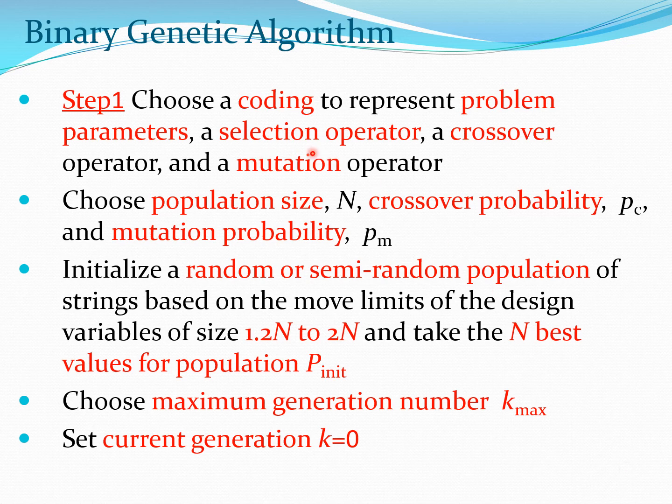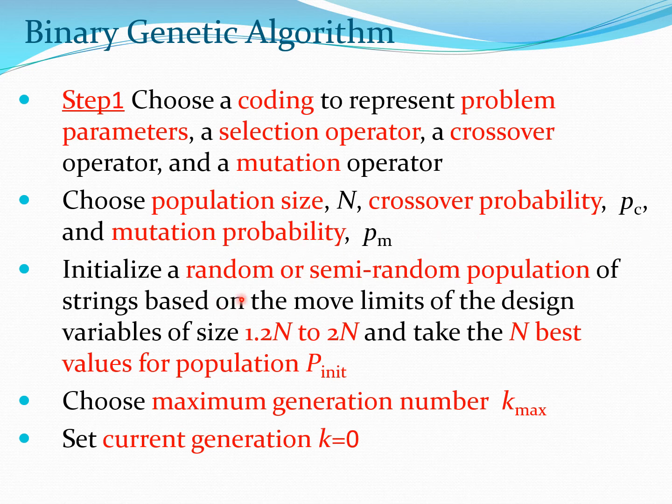Then you pick a way to select the mating pool. Here we studied tournament selection and roulette wheel selection. You choose one of these methods. You choose a way to cross the genetic information, and you choose the way to develop a mutant in the particular population. Next step is to choose the problem size n, crossover probability Pc, and mutation probability Pm.